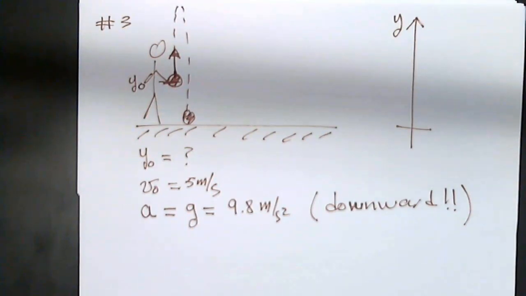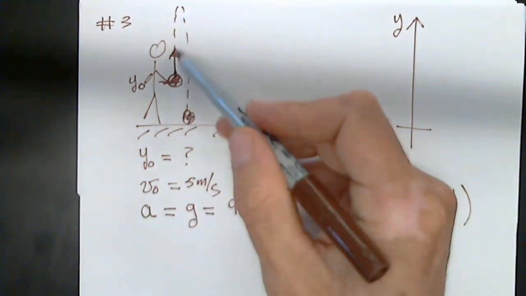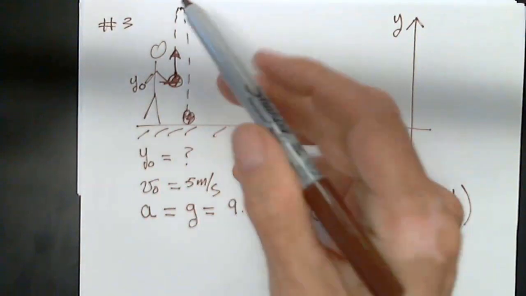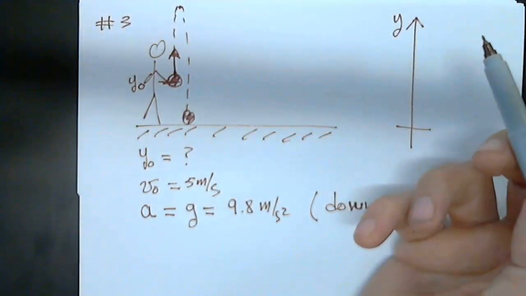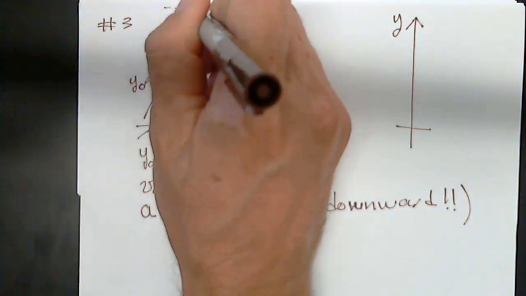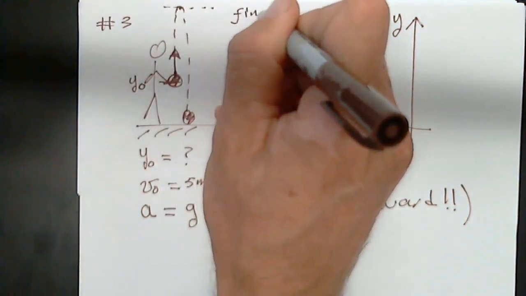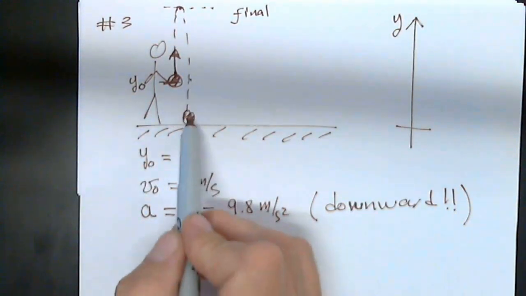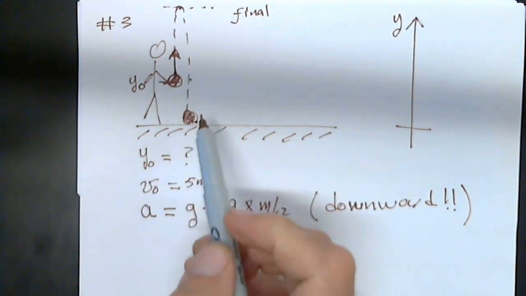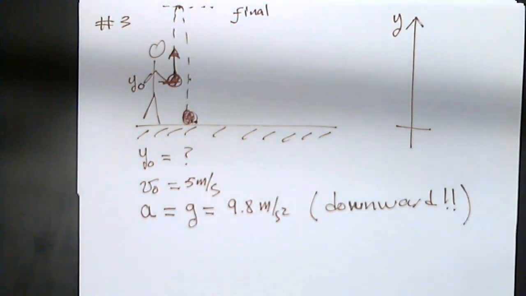And what could be asked over here? It could say at what time is it at the top position. And this is what you are going to call final. But final could be when it's back in your hand, or when it's back on the ground. To simplify it, this video is already 20 minutes long, and it's only 2 problems.